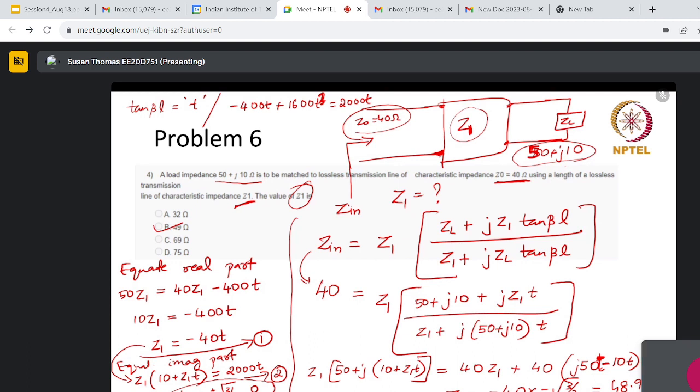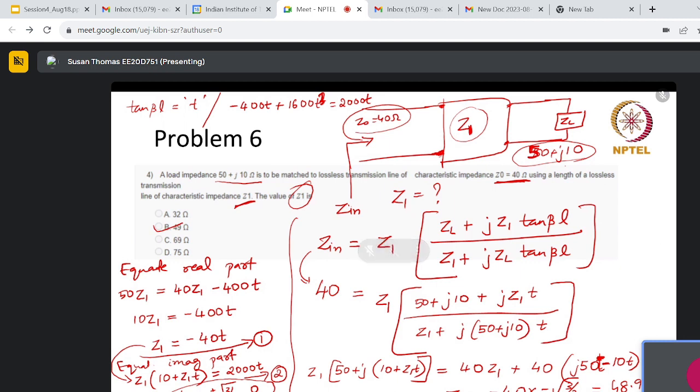So it will be directly in terms of Z1. Yes, exactly. Correct. There is no need to solve the cube root equation. Okay, that is a good suggestion.